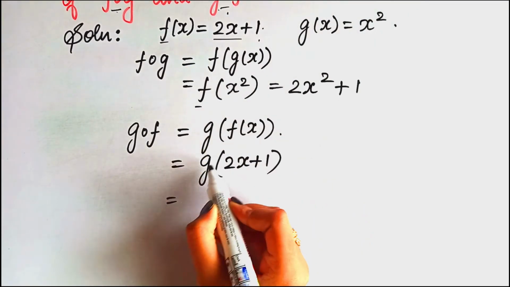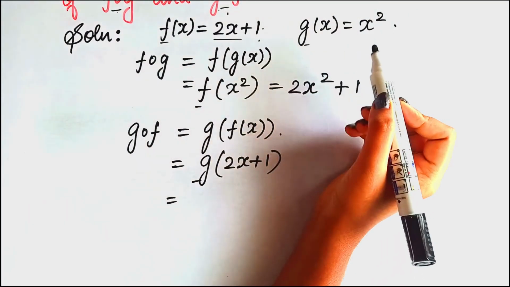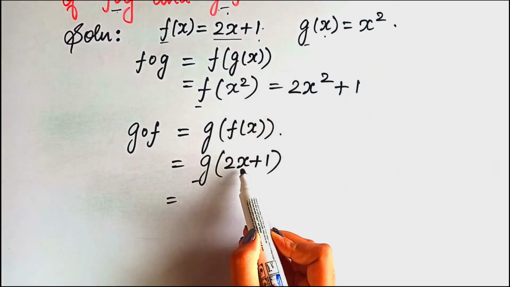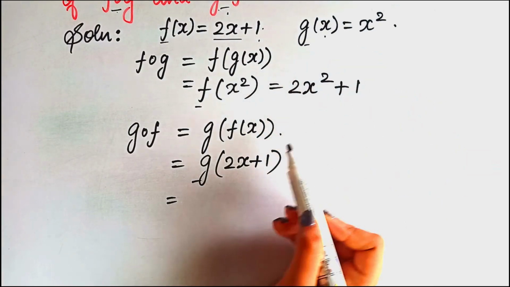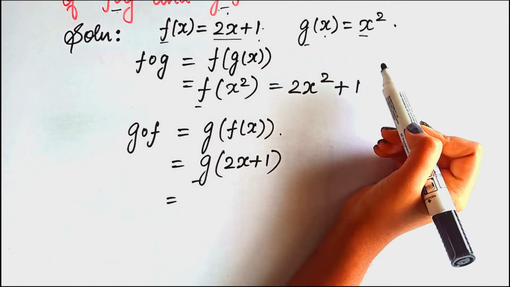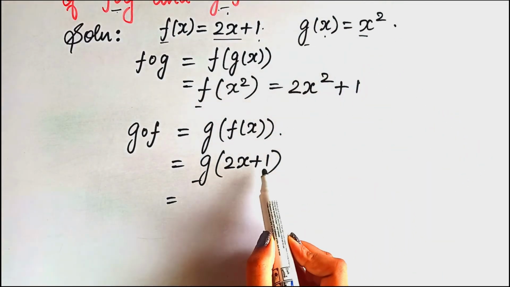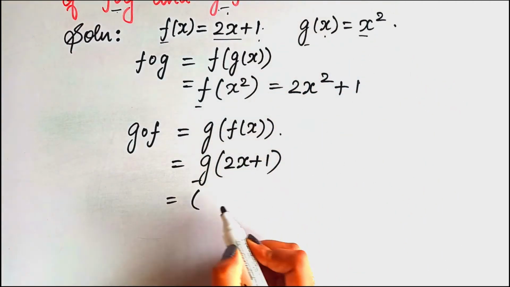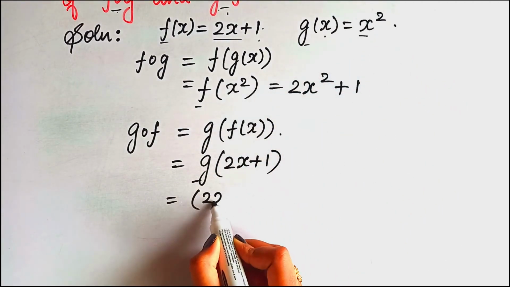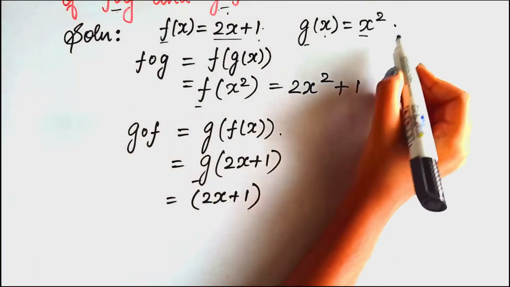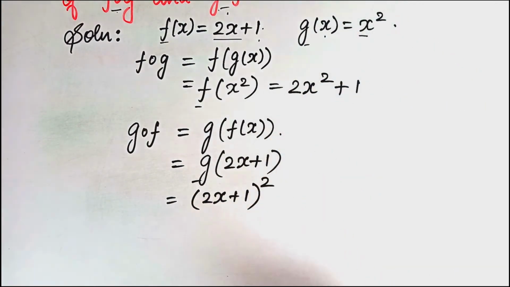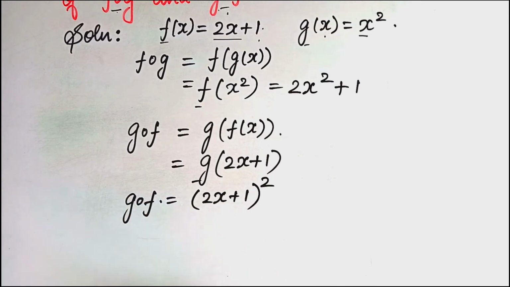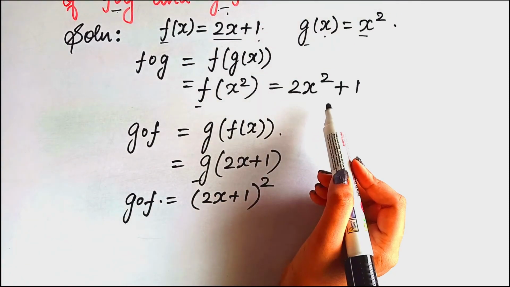The function is g, and the only difference is that in place of x we have 2x plus 1. So in this equation, in place of x you have to substitute 2x plus 1, right? So let's substitute it. Here there is an x, so in its place we substitute 2x plus 1, and there is a square, so I am substituting the square here. Therefore we have found the value of g dot f and f dot g, right?